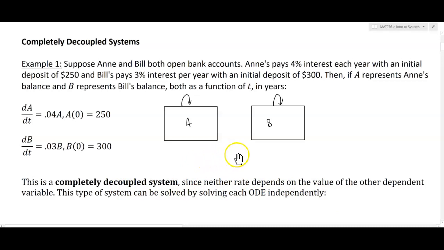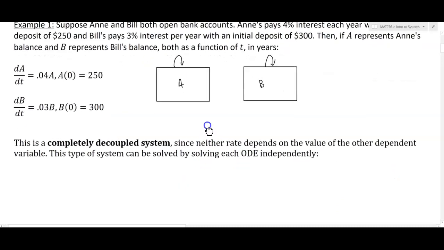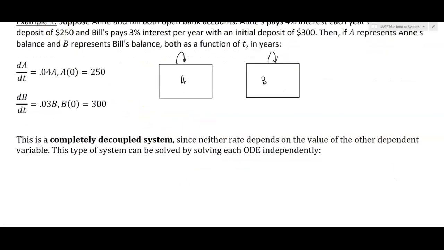This type of system can be solved by solving each ODE independently. In fact, there isn't much to do here because if we solve this by itself with separation of variables, then we would end up with A of t equals k e to the 0.04t.